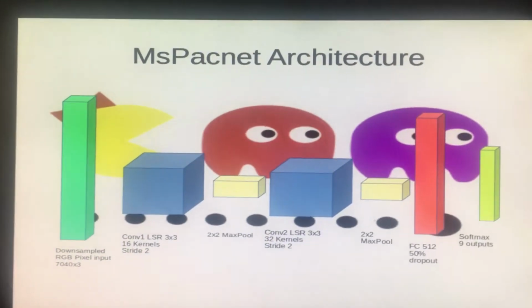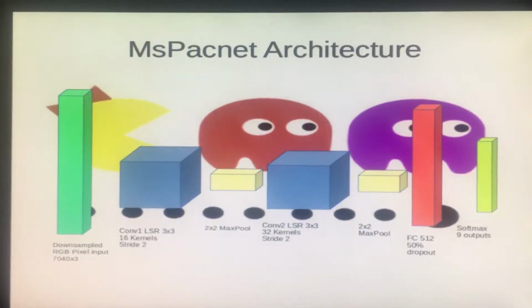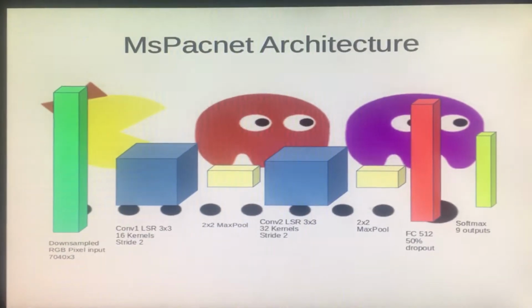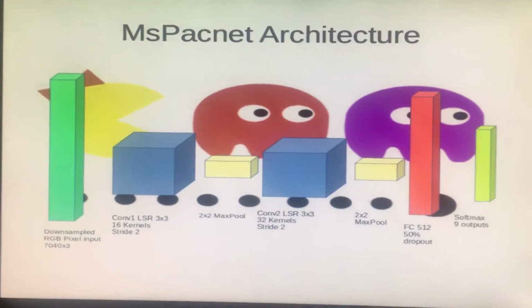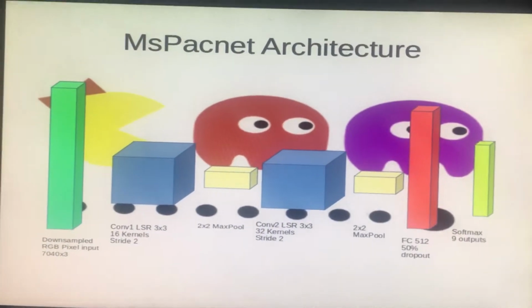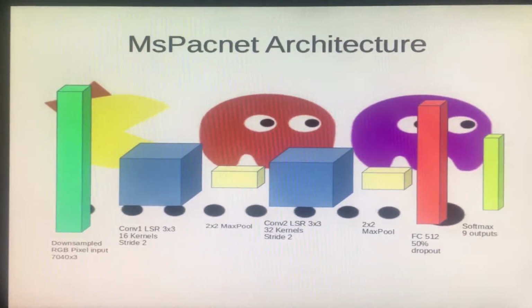So the neural network architecture here, on the left side we have a downsampled input, and these are the red, green, blue pixels from the screen, just like how I did with MNIST, where it gives you each pixel on the input. In this case it's the Ms. Pac-Man game board, and then I feed that into a convolutional neural network.